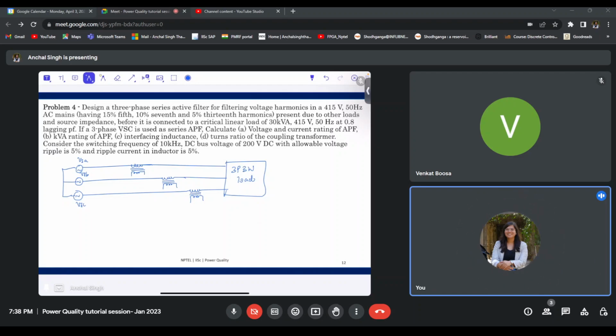So I have a three-leg converter here, connected to a DC link voltage maintained with a capacitor CDC, and secondaries of all these will be connected, and primaries will be connected to these.